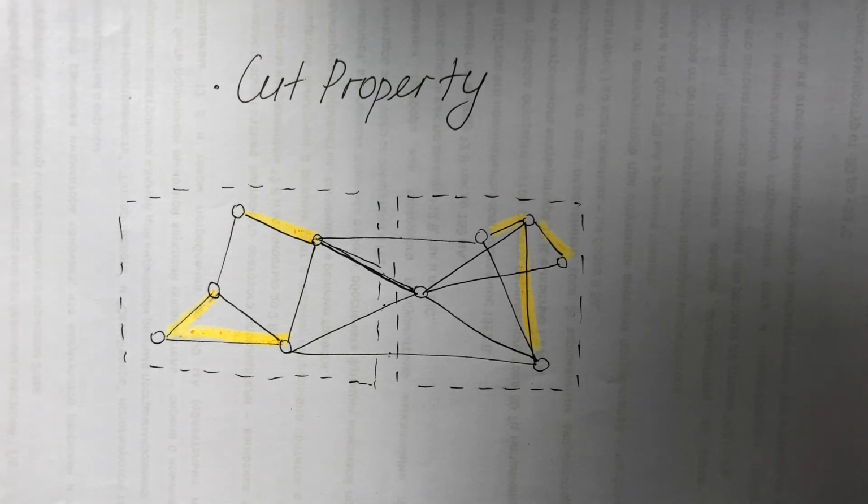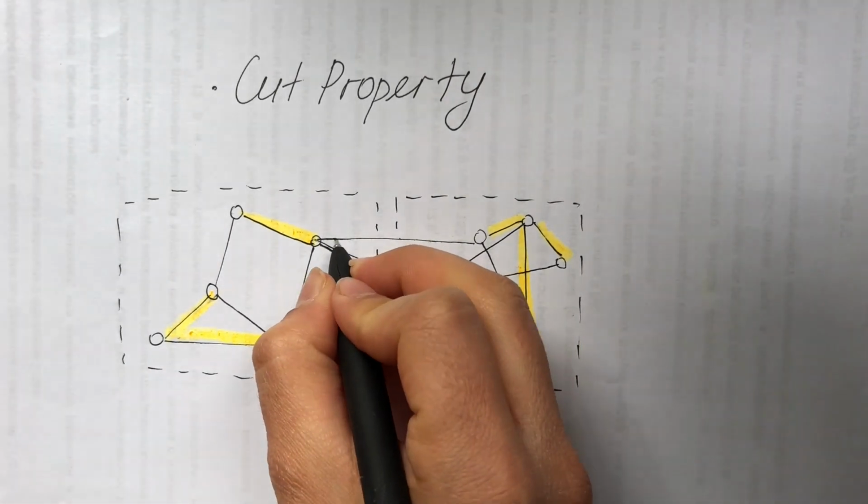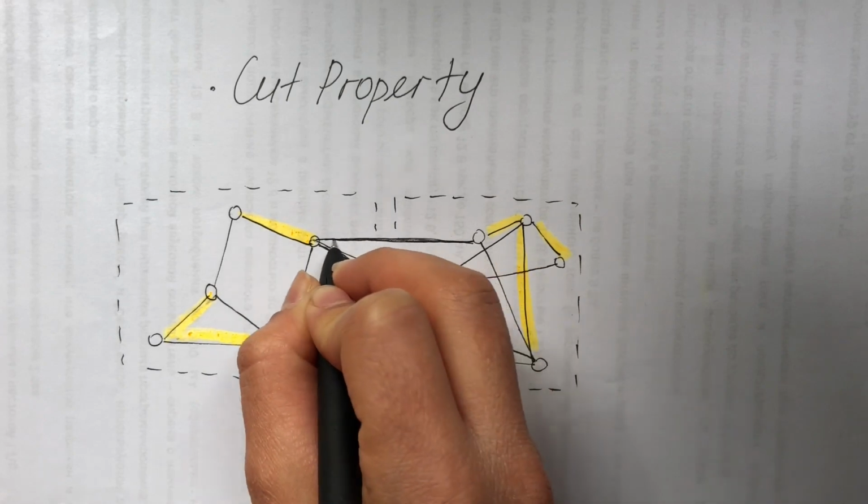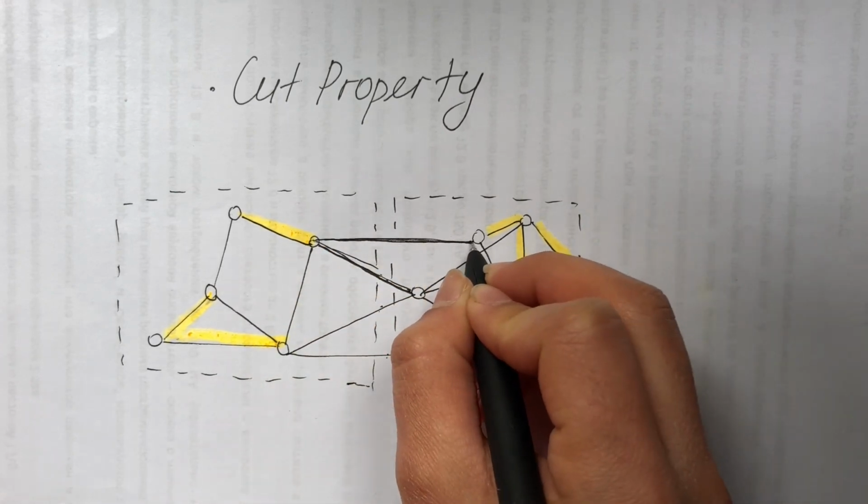At the current step, we have a subset of edges, which we call E prime, which is a subset of some optimal solution. And then, as I said before, by adding this edge, assume we had this edge in our MST.